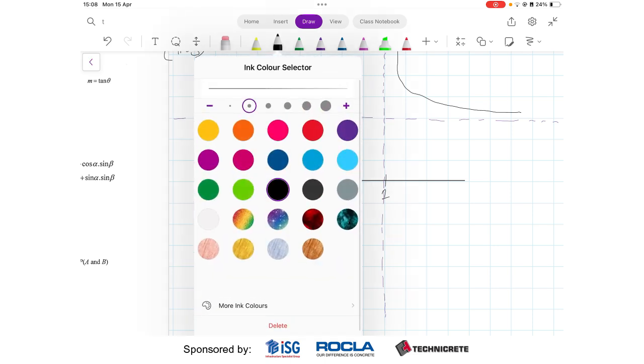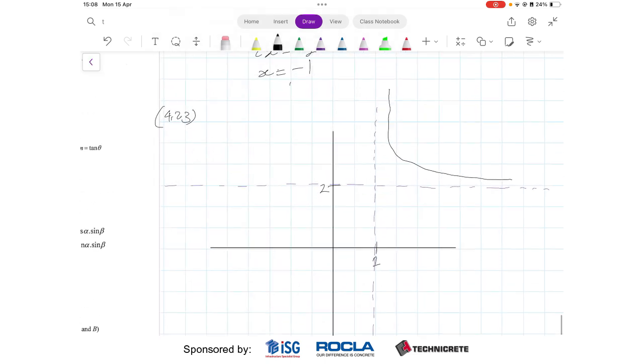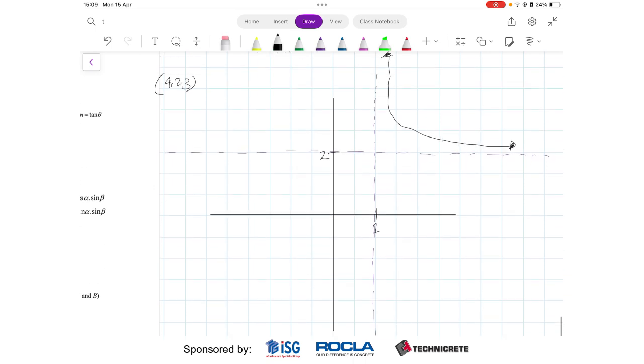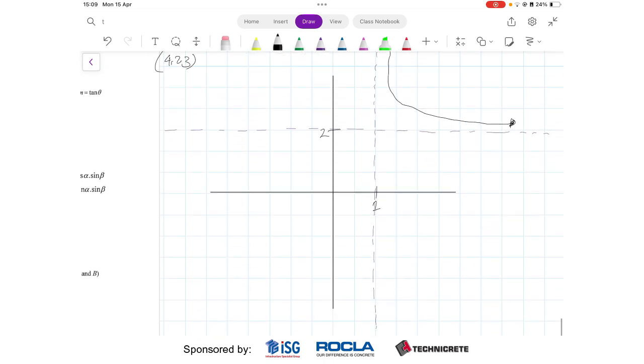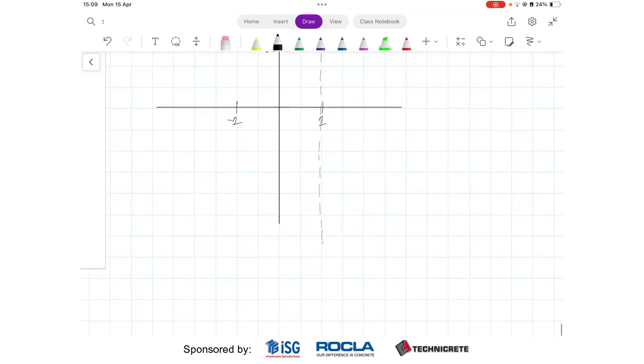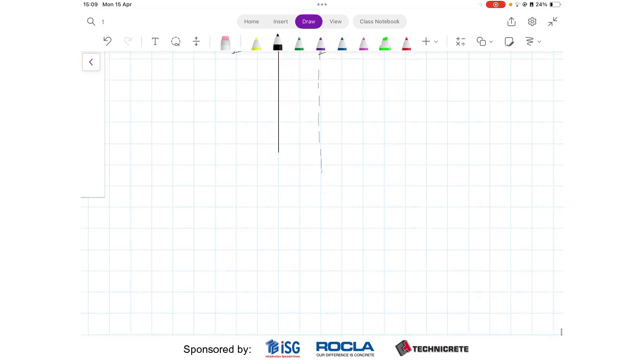And now for the intercepts. When y equals 0, we know that our x equals minus 1. What about the situation where x equals 0?